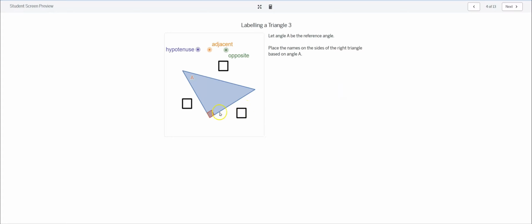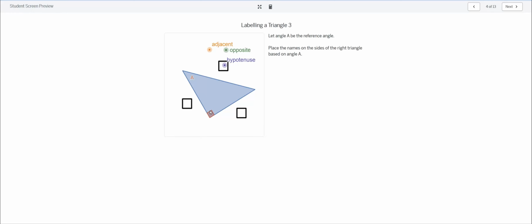So keep in mind, it's easy to identify where the hypotenuse is. It's the side opposite of my right angle, the longest side. So I should be able to get the hypotenuse as long as I'm looking at that. Now, remember, right triangles don't always have to be facing the same direction. They might flip it upside down, and maybe your right angle's at the top instead of the bottom. But you can identify that, right?